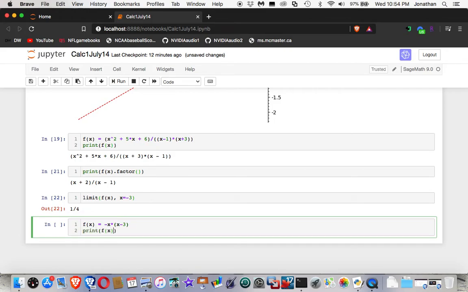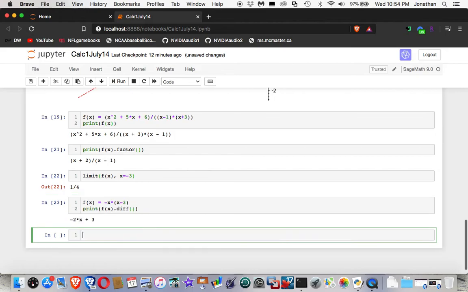So if I want to find the derivative, I could do it by writing f of x.diff, which is saying to differentiate. So our derivative function is, as is typical, minus 2x plus 3. So we found that using our limit definition. So let's also verify this.